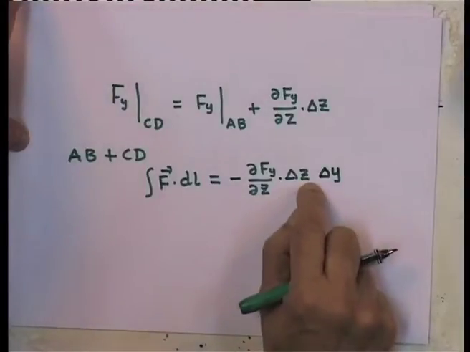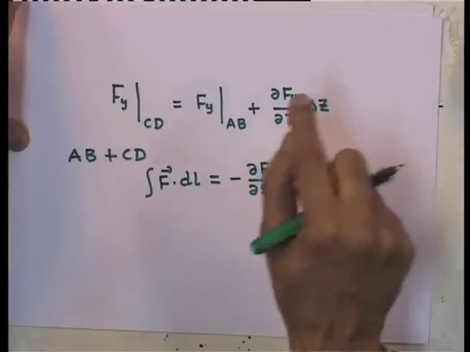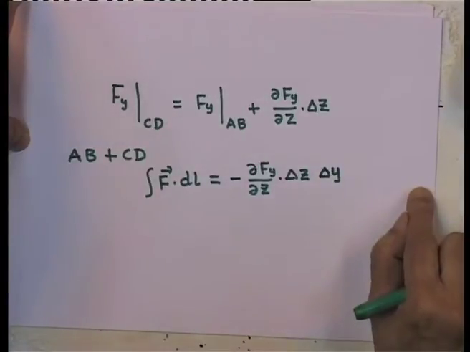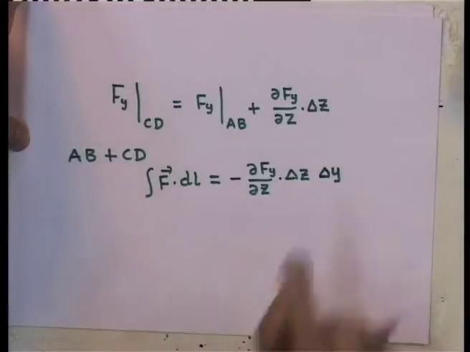This is the difference in the value of f y, but this is to be integrated over y from y to y plus delta y. So, therefore, it is delta z delta y.